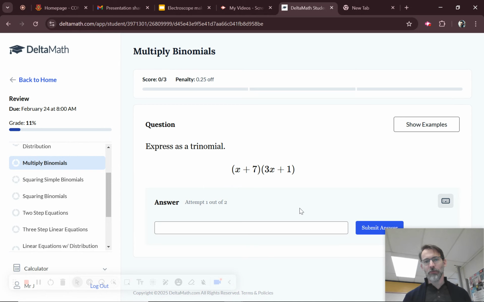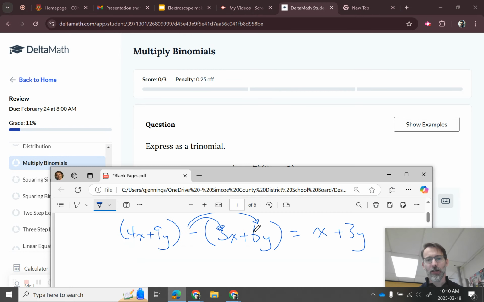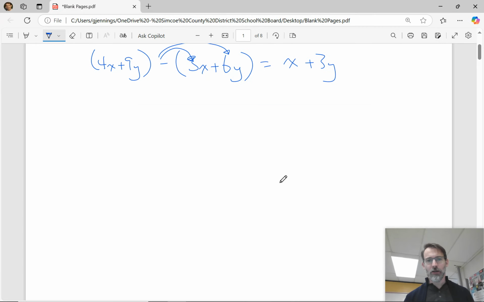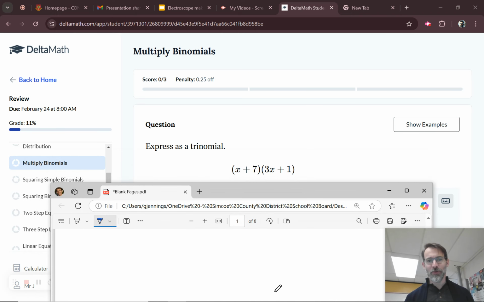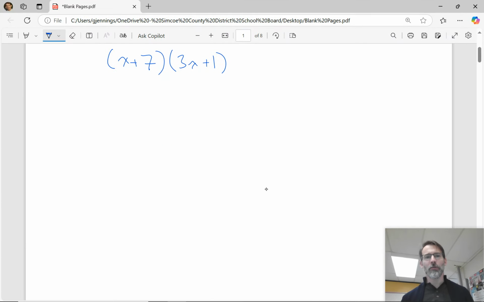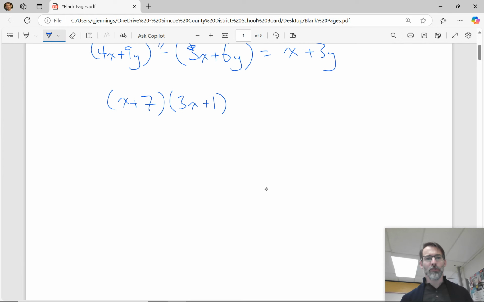Okay, multiplying binomials. If I have a question like this, where I have been asked to multiply x plus 7 by 3x plus 1, I want to be able to do this very fluently without too much fuss.